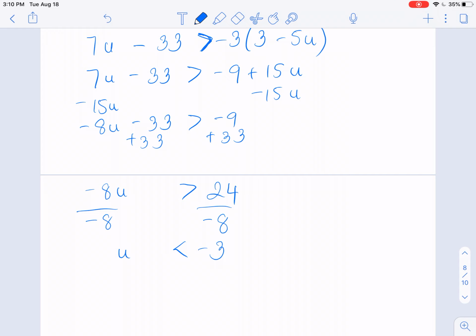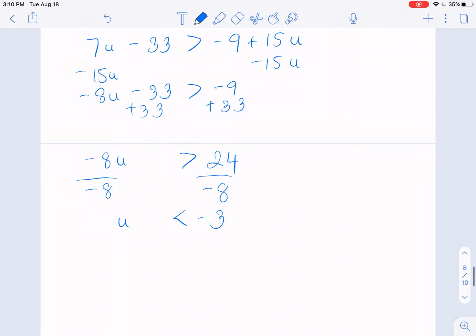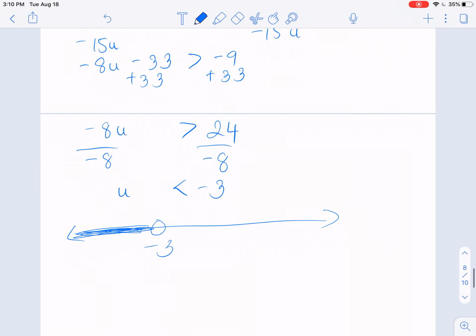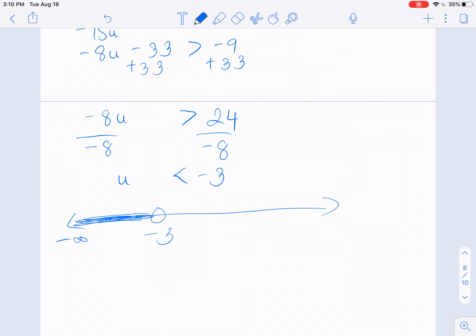And if you want to write this in interval notation, like I said, you can always graph. That's negative 3, and less than means to the left here. So what I have is from negative infinity to negative 3, parenthesis. Notice that we always read from left to right. That's why when you graph, it's better.